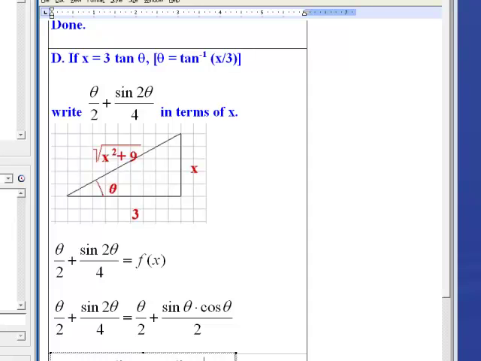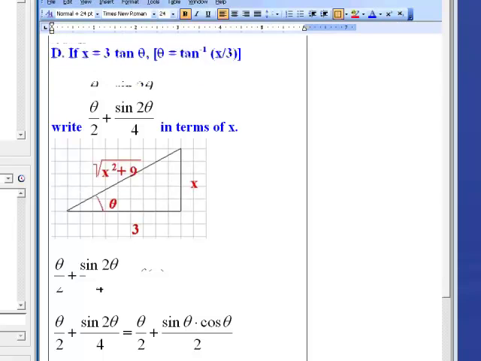And let's see, and then for the cosine, that looks like this. And here for the theta, I actually used the original inverse tangent of x over 3.